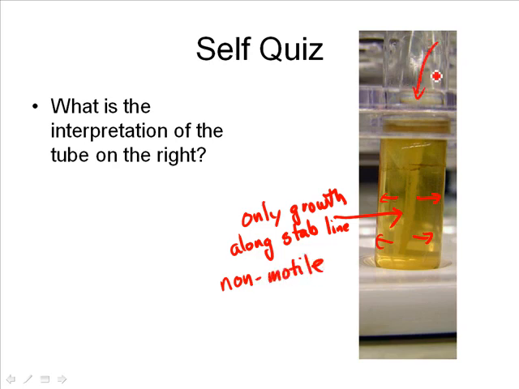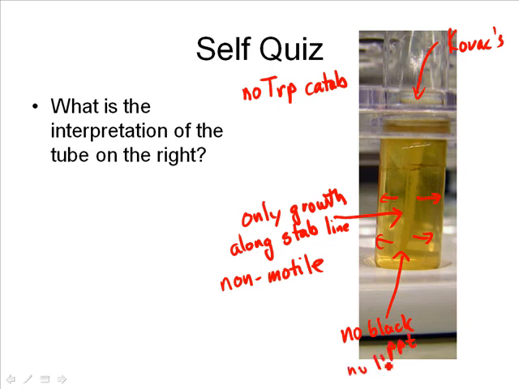We've also added Kovacs reagent. We can see now in the tube there is no red ring, therefore there was no tryptophan catabolism. The other thing you notice is there's no black precipitate. Therefore, we are confident that no hydrogen sulfide was produced.